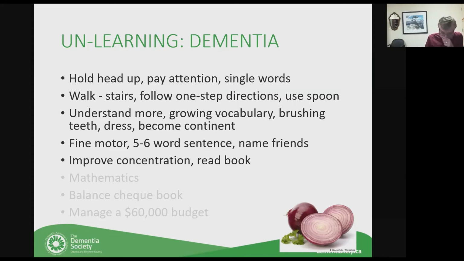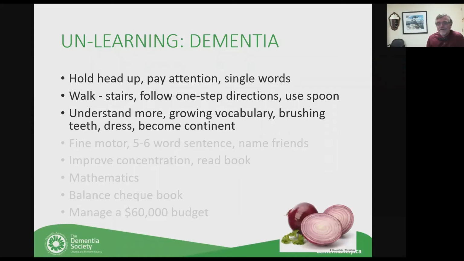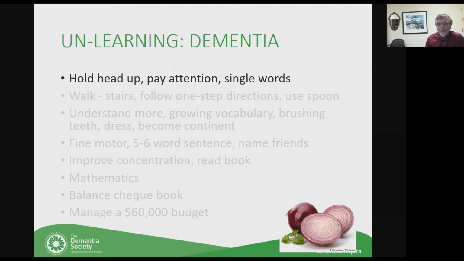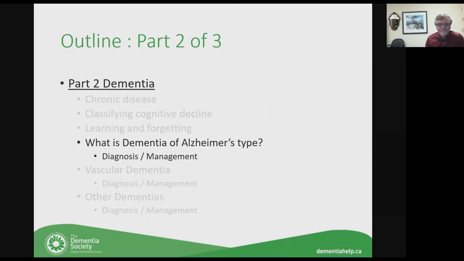Then we don't have the concentration or the ability to follow the storyline, and reading a book becomes too difficult. And our concentration isn't as good anymore. And with time, as the dementia progresses, we forget the names of our friends and our language deteriorates. We get shorter sentences. And you can see how dementia becomes the unlearning of everything that we learned in life.